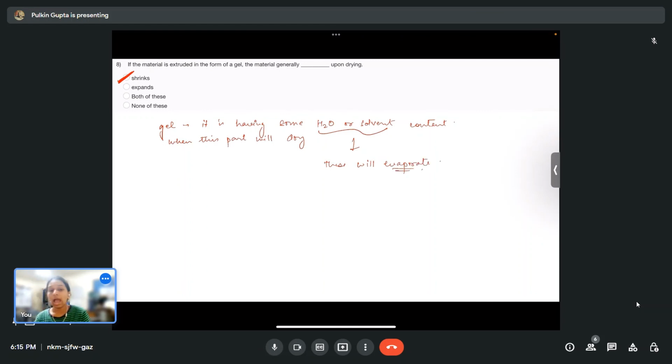And this evaporation will in turn cause shrinkage. Okay, so the answer is they shrink upon drying.